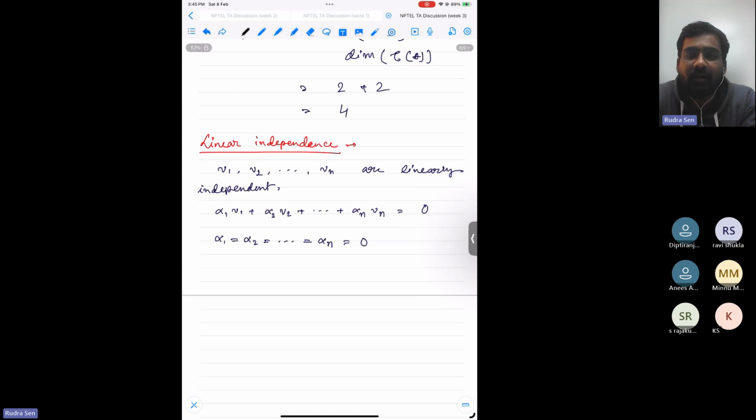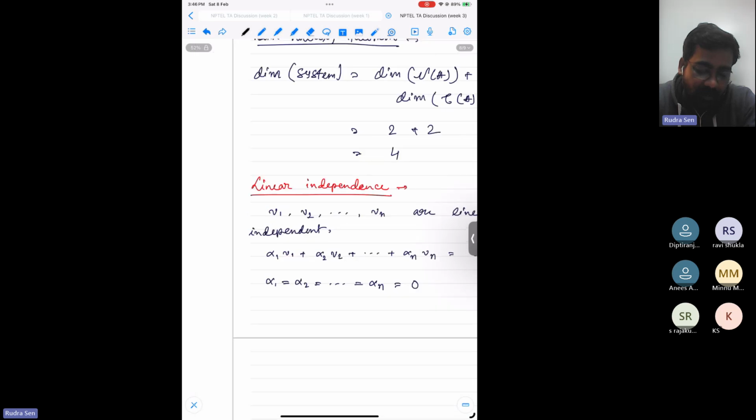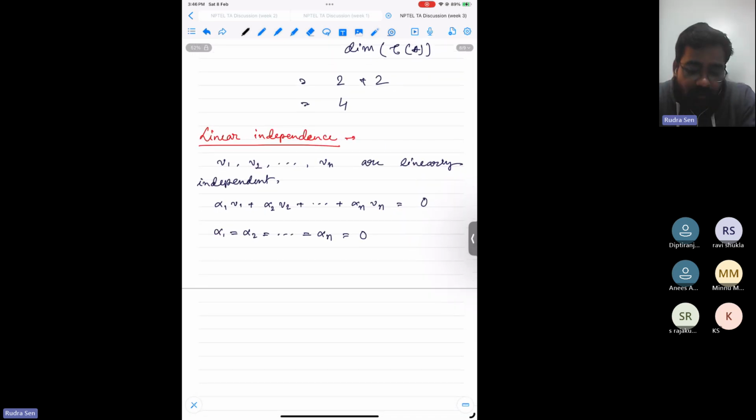If we find at least one combination that makes this addition lead to a 0 vector, that means these vectors are not linearly independent, they are linearly dependent. We have to remove one or two vectors from that set to make it linearly independent.